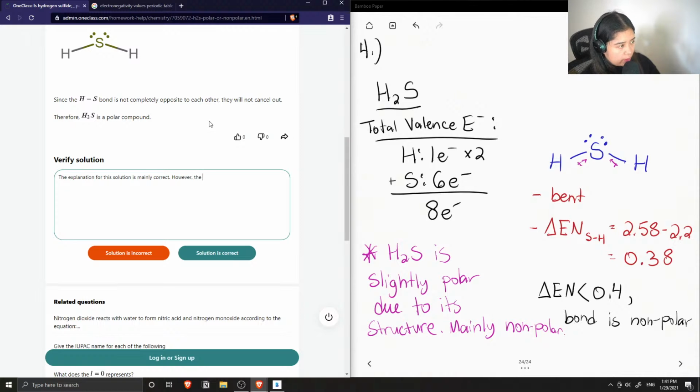However, the actual polarity of hydrogen sulfide may be up for debate, since the sulfur-hydrogen electronegativity difference is the same as carbon-hydrogen, which is considered a non-polar bond.